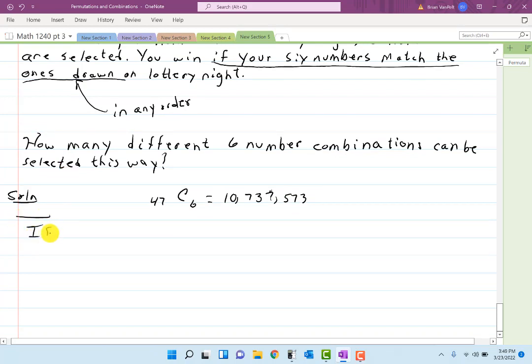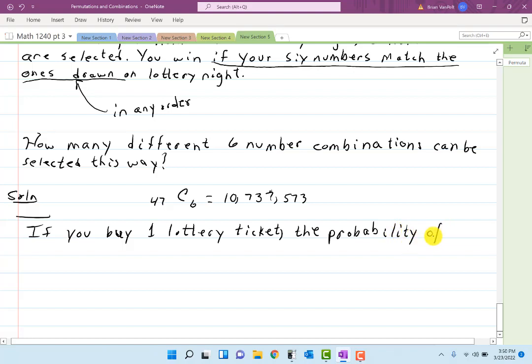If you buy one lottery ticket, the probability of winning is you have one ticket that you purchased out of the total possible number of tickets.